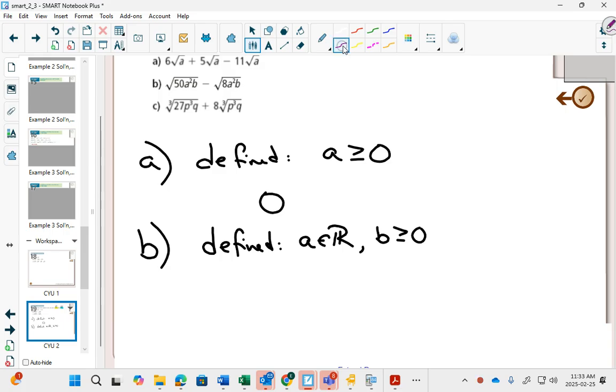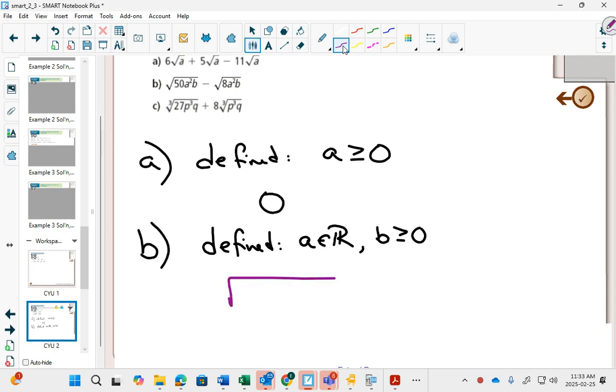Next, this step in purple, I'm going to write down, but it's optional. Some people can see right away that 50 is 25 times 2, and that means you can pull a 5 out in front.